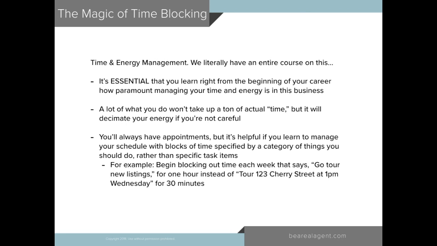That's because the rest of this course is really taught in concepts, and you can block out your schedule that way as well. You don't always have to have specific tasks, but if you have a category for a task that needs to be complete, you're actually much more likely to get it done.